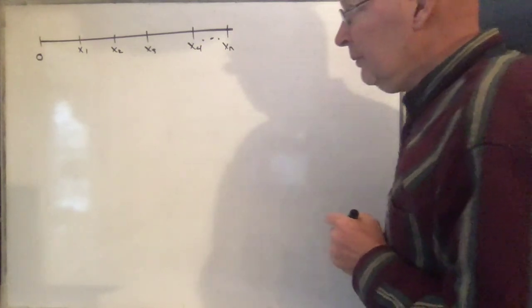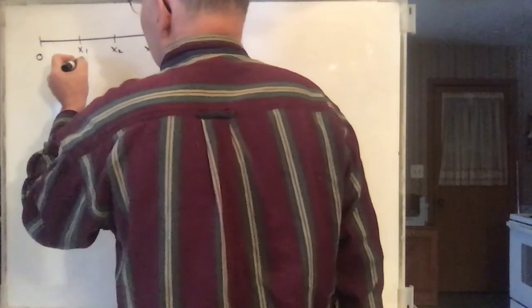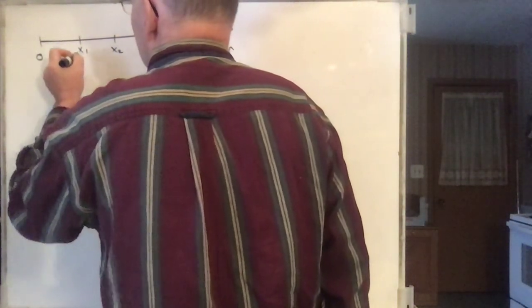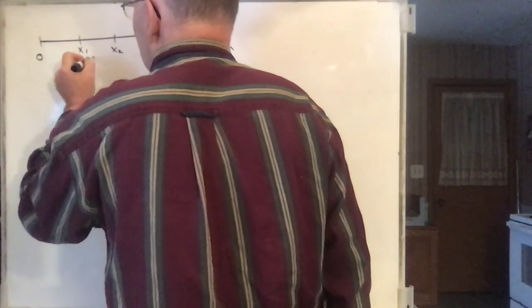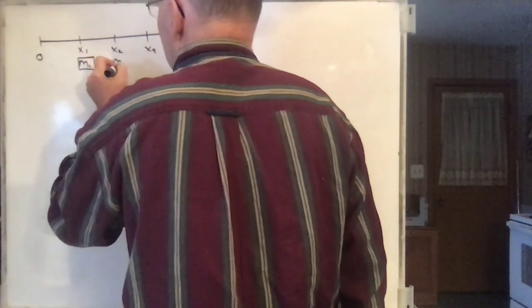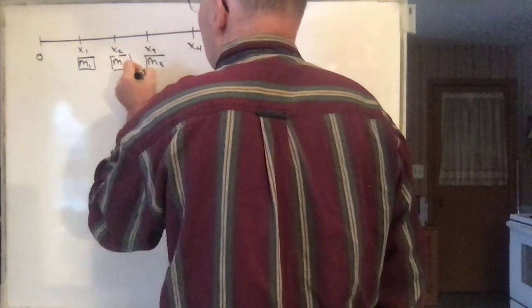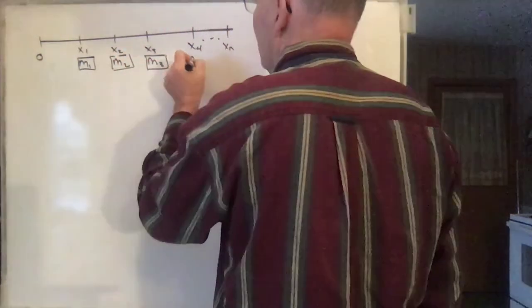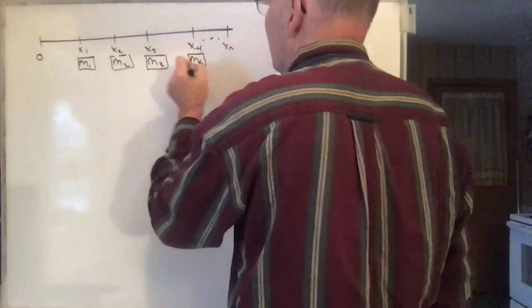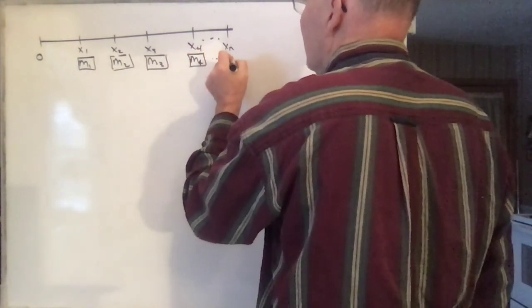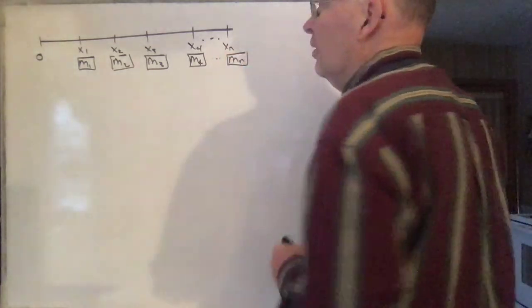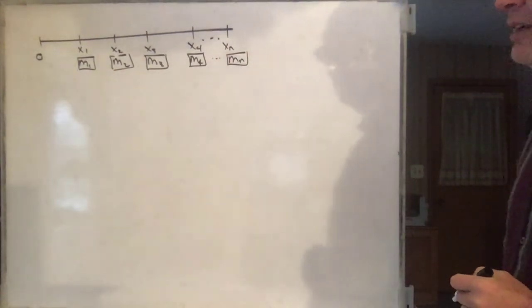And on each one of these, we hang a mass. So here the mass is m1, and here the mass is m2, and here m3, and here m4, and all the way up to mn. Okay, so there they all are hanging.